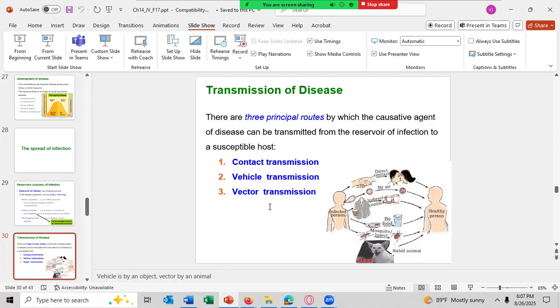And then there's vector transmission. That is where an animal or an insect, or I guess an insect is an animal, some animal brings the disease-carrying organism to a healthy, susceptible patient. Like when a mosquito bites an infected person, the mosquito can pick up the malaria parasite and then infect a healthy individual when the mosquito bites the healthy patient.